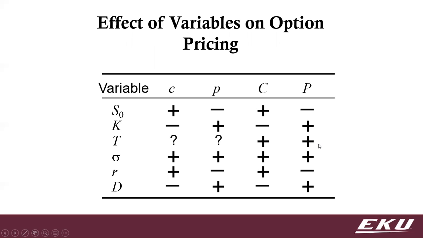But we could always exercise it when it's favorable and then just choose not to if it's unfavorable, right? And so that's why it gives additional value here. And we can't really say what it's doing for the European ones because they can only exercise at the final maturity. So, but yeah, that's just a way of thinking about that.